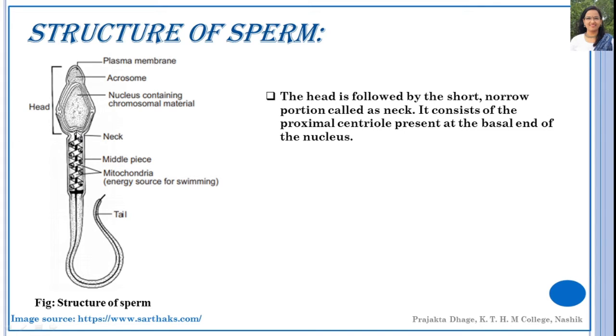There are two centrioles, one is the proximal centriole and one is the distal centriole. The proximal centriole lies close to the nucleus, whereas the distal is going to lie exactly below the proximal centriole.